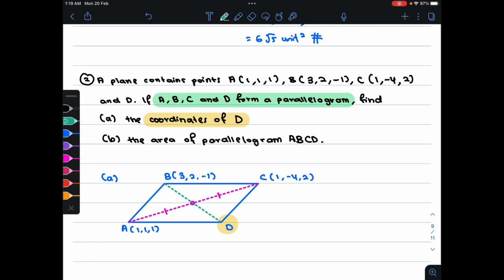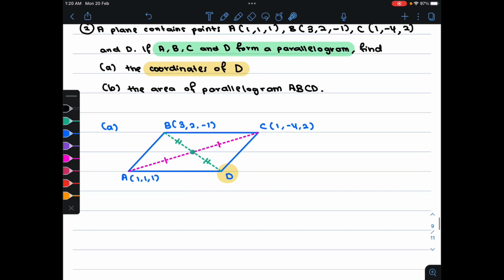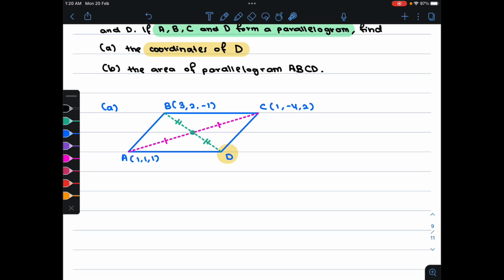I can also find the length of BD, and note that the midpoint of BD will be somewhere in the middle, and it will divide the length BD into 2. So from here, we can see that the midpoint of AC is the same as the midpoint of BD. So we can use this to find the coordinate of D.